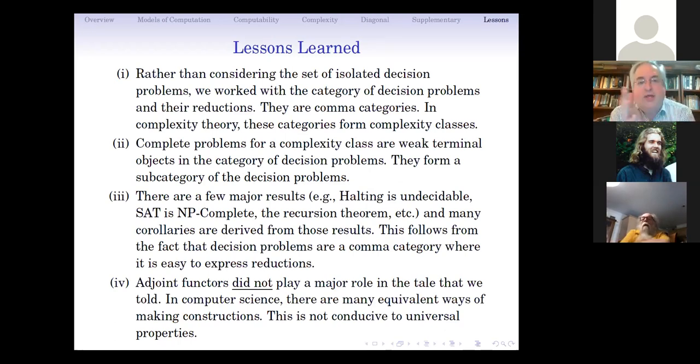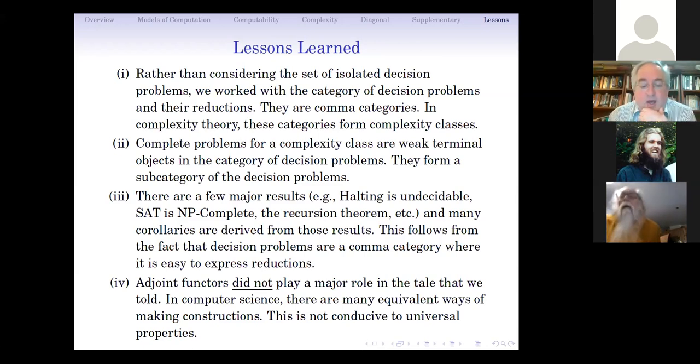Great. So now, in 5 minutes, I'd like to tell you some of the lessons I learned from this. Rather than considering the set of isolated decision problems, we work with the category of decision problems. So it's decision problems with their reductions. That's the most important thing. They are comma categories. In complexity theory, these comma categories form complexity classes. Complete problems are weak terminal objects.